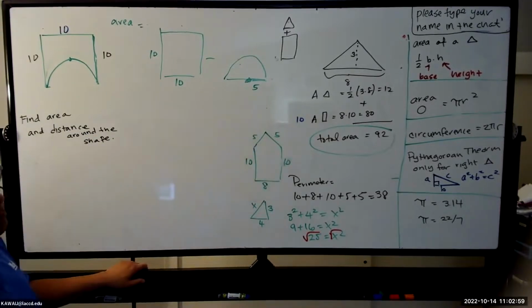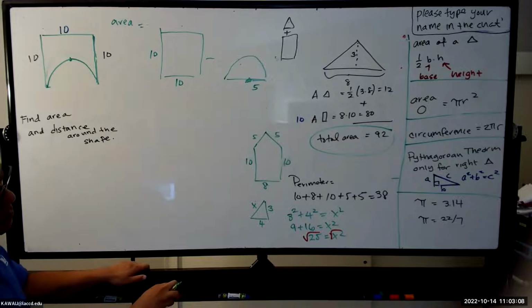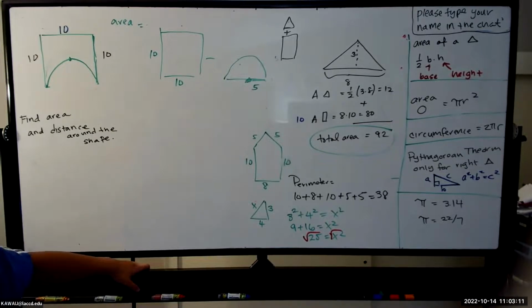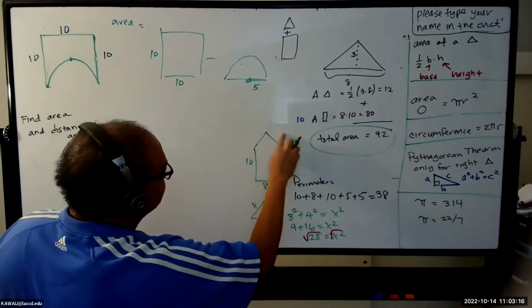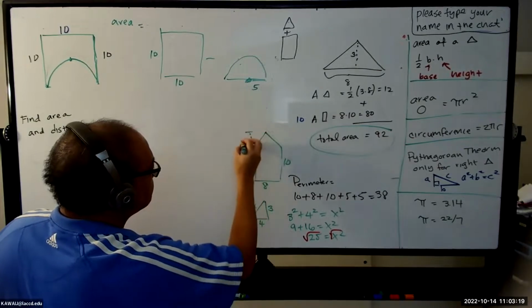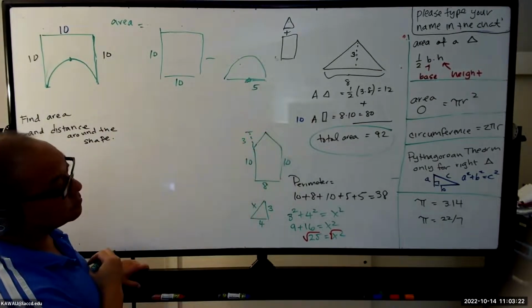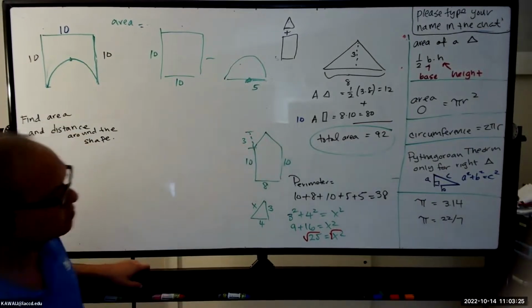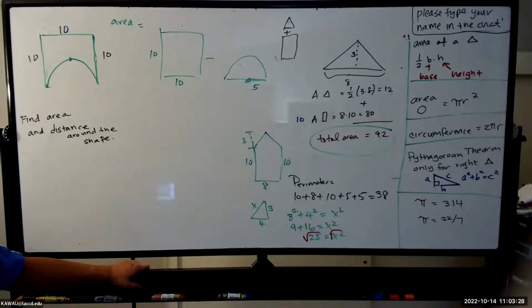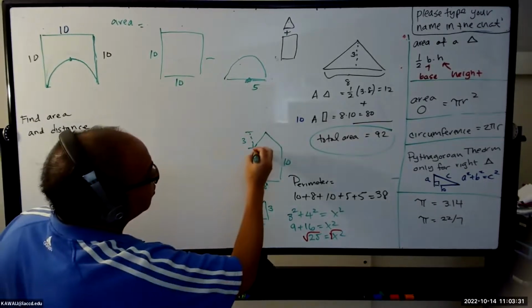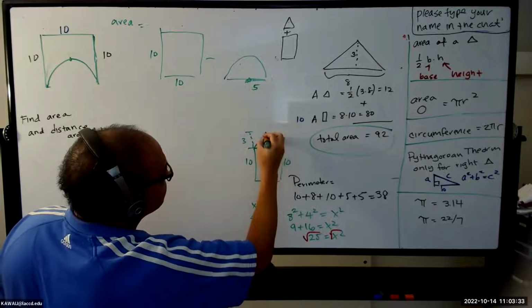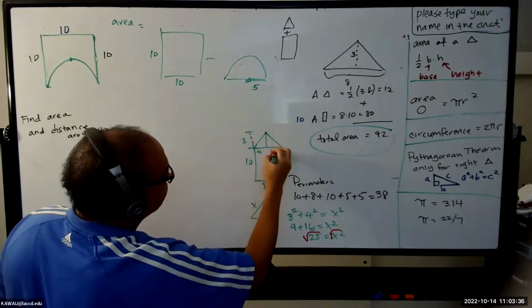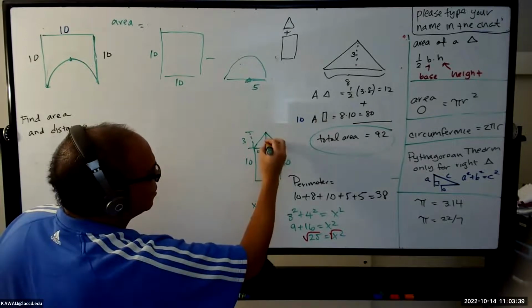I didn't get this one. You said 10 plus 8 plus 10 plus both 5 plus 5. Yeah. So we originally had given you this as the problem, like this. And then we were able to say that this is 2 right triangles, and this is going to be 4 and 4, and then this is going to be 3.